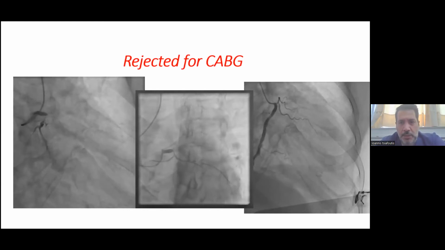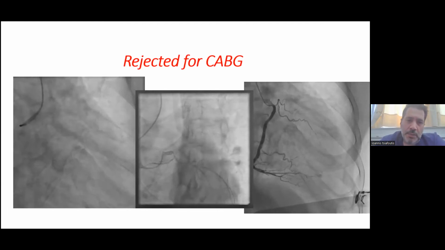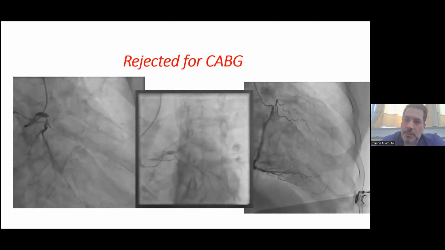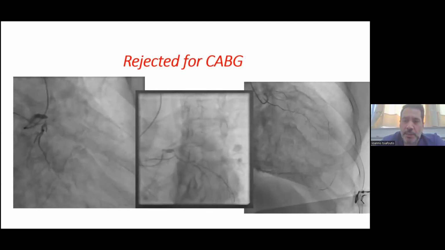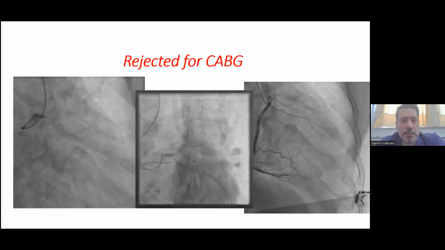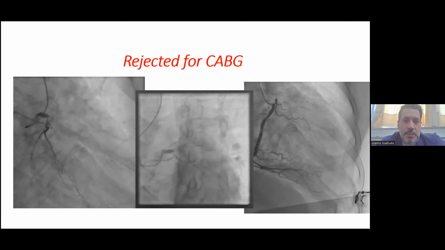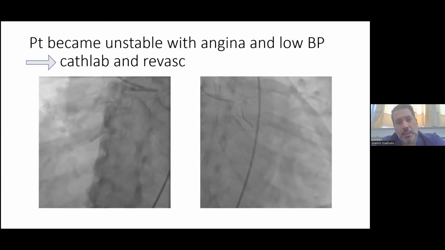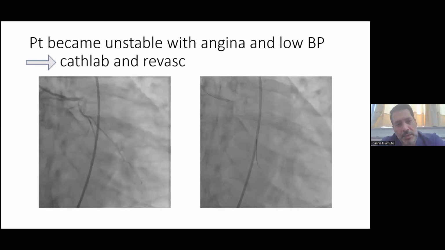This is how his vessels look. He was rejected for coronary artery bypass surgery. During our negotiation about going for bypass, he became unstable with angina and low blood pressure, so we had to go urgently to the cath lab and try to do revascularization.